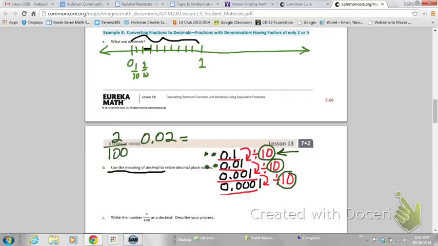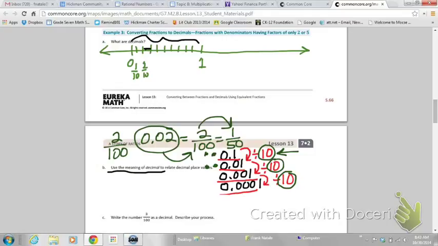Well, of course, that is 2/100ths, which is also 1/50th. So when we move this way, it's a lot easier, and then go to there, very easy.